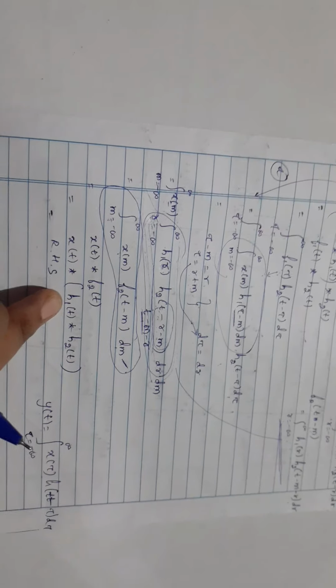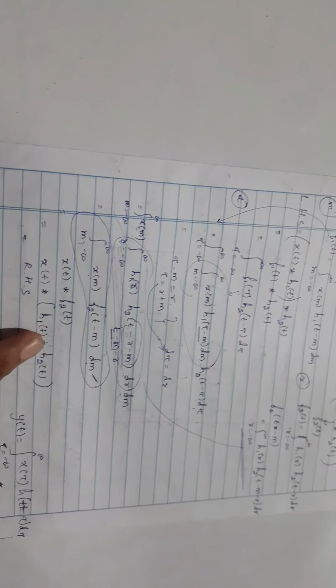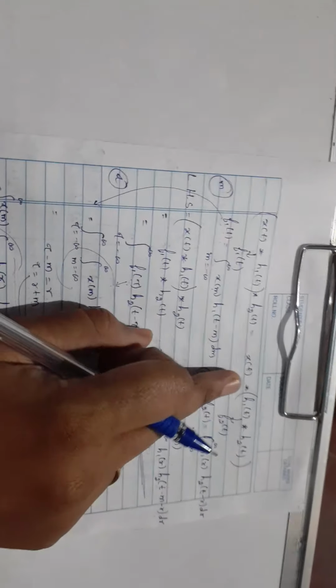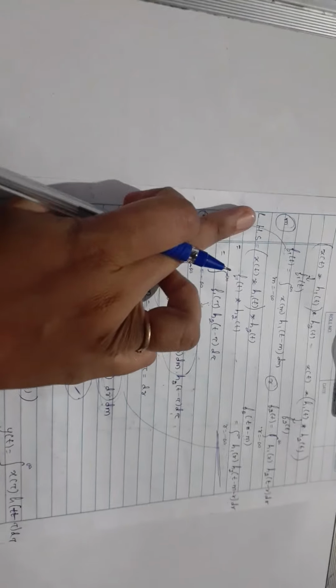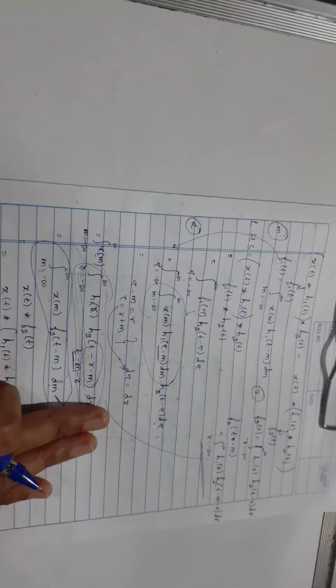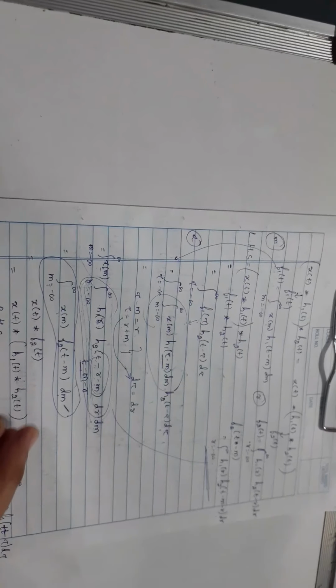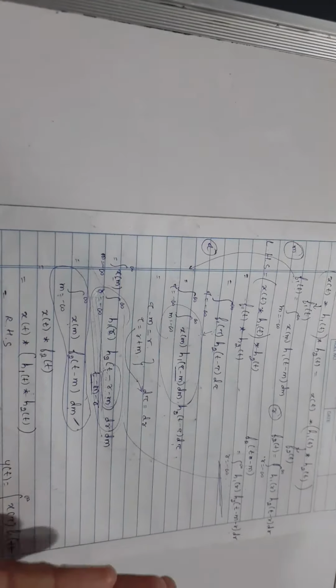So substitute h1 of t convolved with h2 of t. If you look at this, this is nothing but your RHS: x convolved with h1 convolved with h2. So we started with the LHS and arrived at the RHS. So this is the proof of the associative property for continuous time convolution.